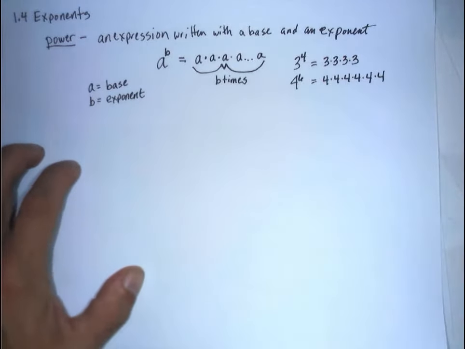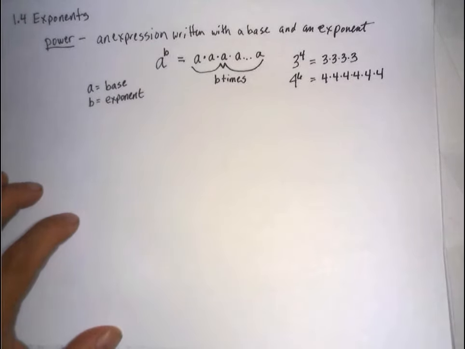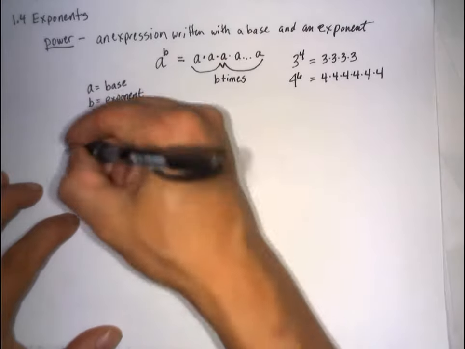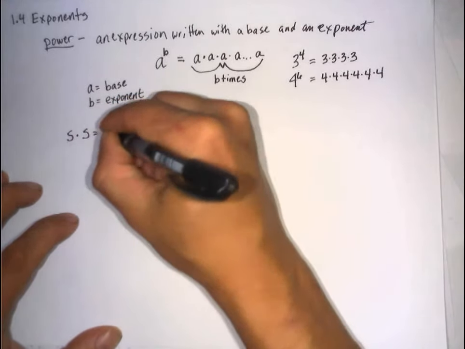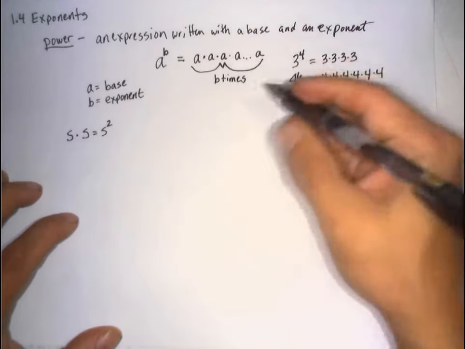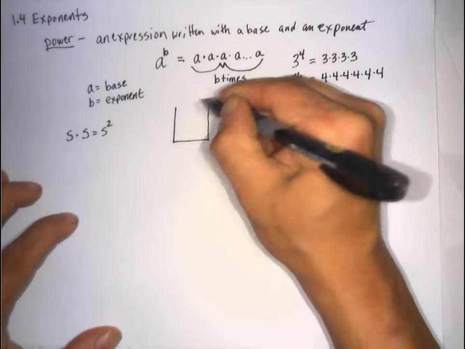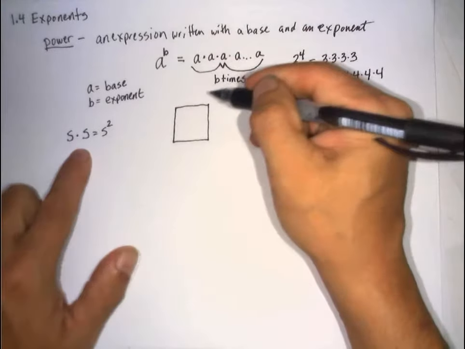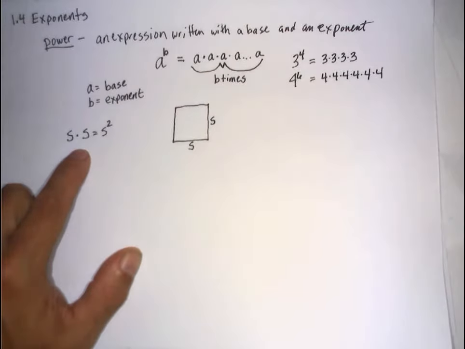And so on. Now there are some geometric shortcuts to this. Instead of saying 3 to the 2nd power, we say something else. So if I have a side times a side, this is s to the 2nd power. And geometrically, it looks like a square. It's how you calculate the area of a square, if you remember this from the first review lecture when we talked about geometry.